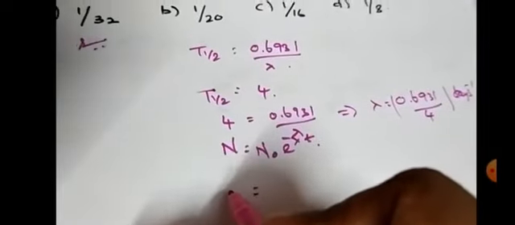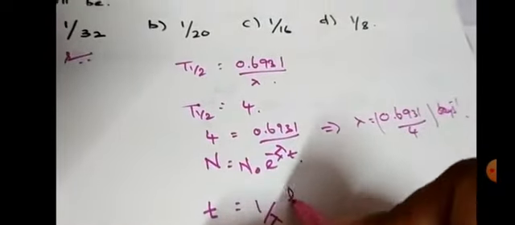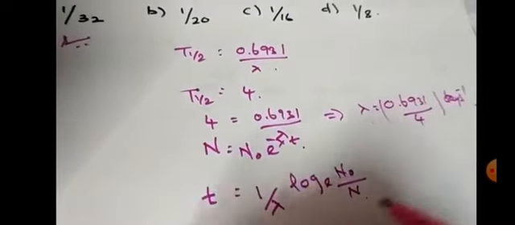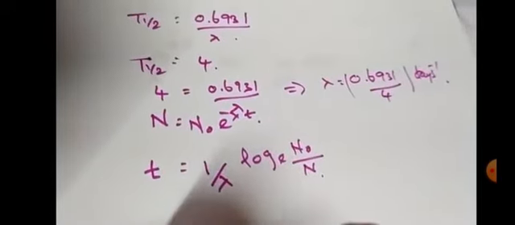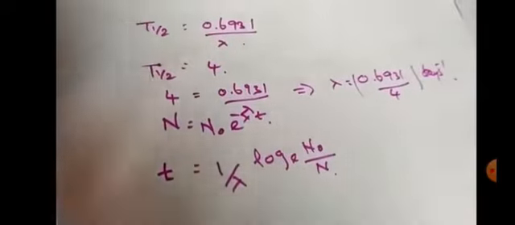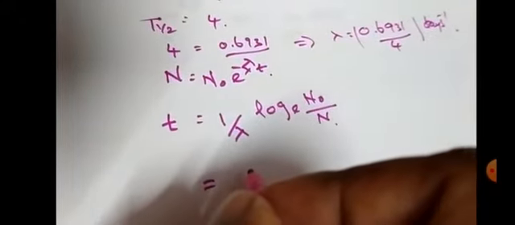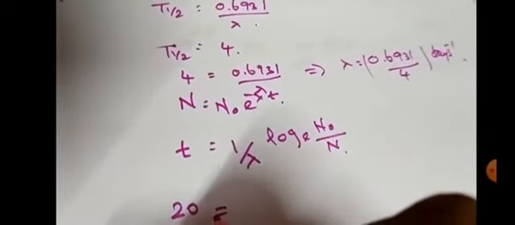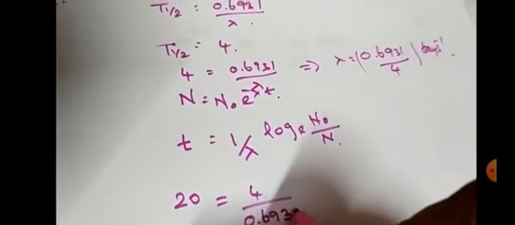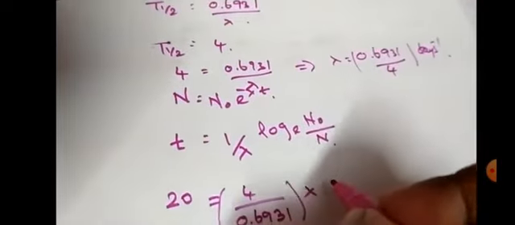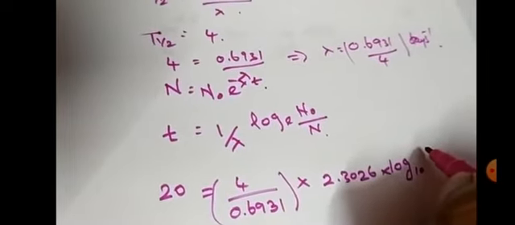After 20 days, I modified the equation for convenience: t is equal to 1 by lambda log e of N naught by N. Time t is equal to 20 days. 1 by lambda is 4 divided by 0.6931, into, converting log e to log 10, 2.3026 into log 10 of N naught by N.